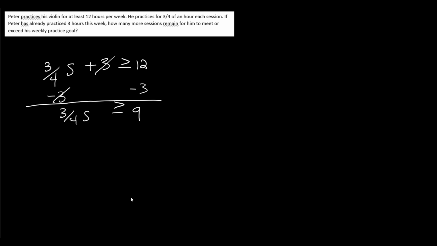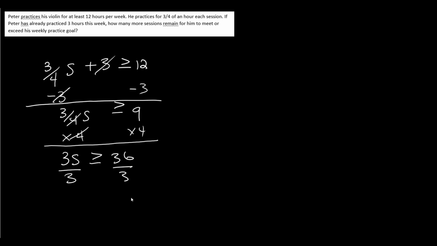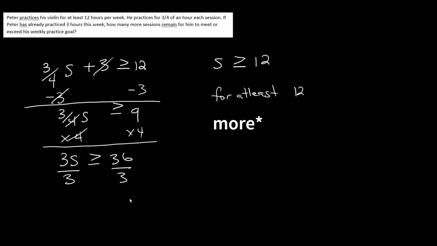We can multiply each side by 4, and so these two cancel, so we're left with 3S is greater than or equal to 36. We divide both sides by 3, and we find that S is greater than or equal to 12, which means he needs to practice for at least 12 sessions.